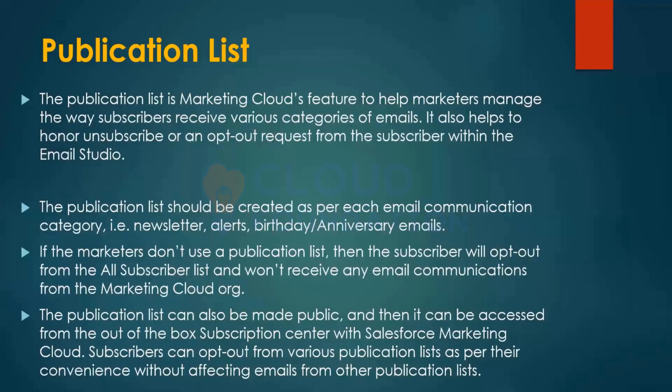If we do not mark it and use publication lists, the subscriber will opt out from all subscriptions. In that case, if the subscriber opts out or unsubscribes, they will go out of the system. But here they will go out of a particular category only, and won't receive any email communication from that category.